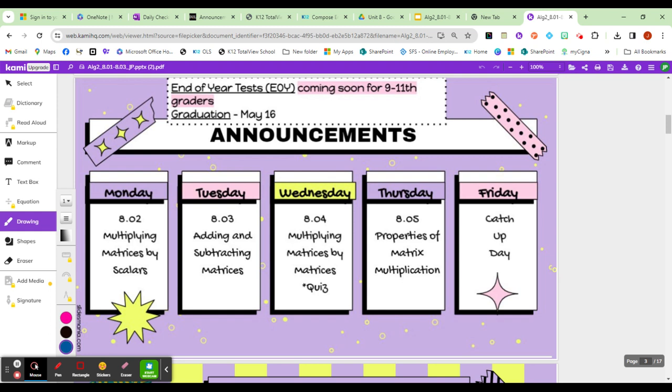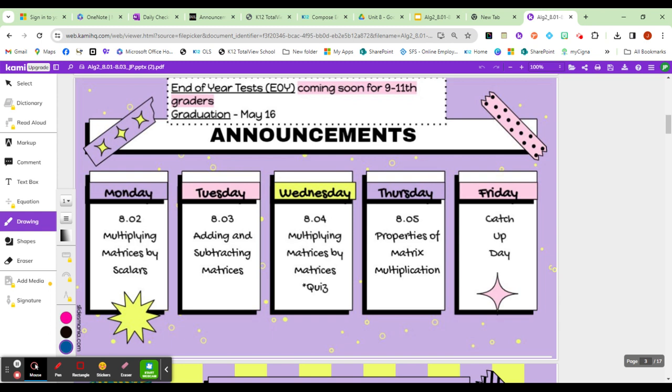There are different deadlines for seniors because we're going to let them graduate early because they deserve that. They're not going to have quite as many assignments at the end of this quarter, and so their due dates are earlier than everybody else's.